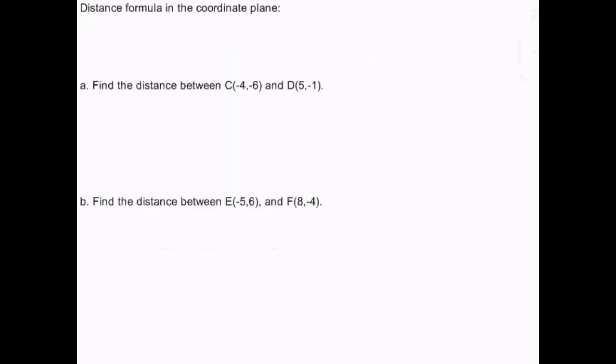The distance formula in the coordinate plane requires square roots, and here's why. I'm in the coordinate plane, and I have a point here, and I have a point here, and I want to find the distance between them.